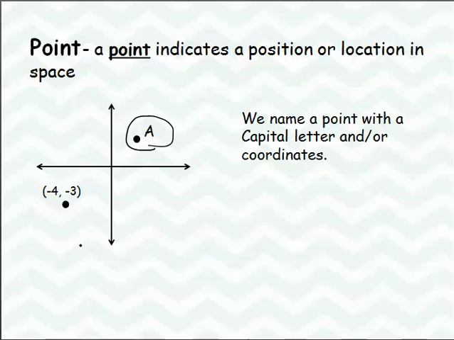Once we get into more coordinate geometry, we can also name those points by actual coordinates or ordered pairs, where -4 is your x value and -3 would be your y value. I'm going to go ahead and list those because we'll get into those later.